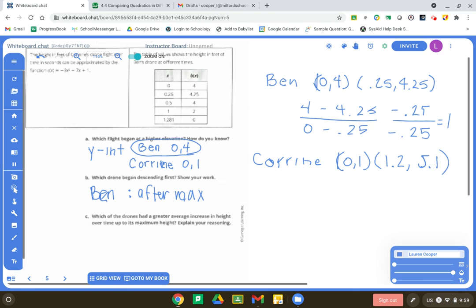And then we'll find the slope there. So 1 minus 5.1 over 0 minus 1.2.